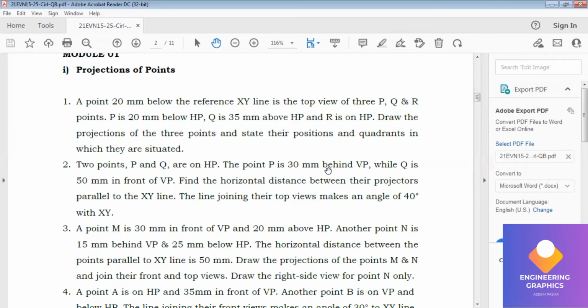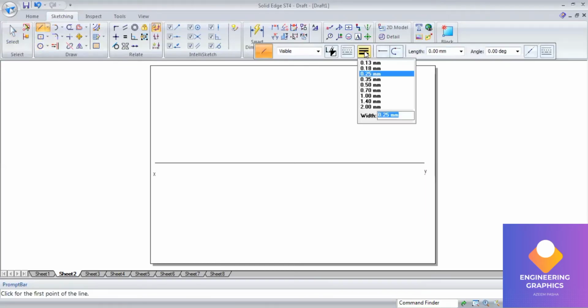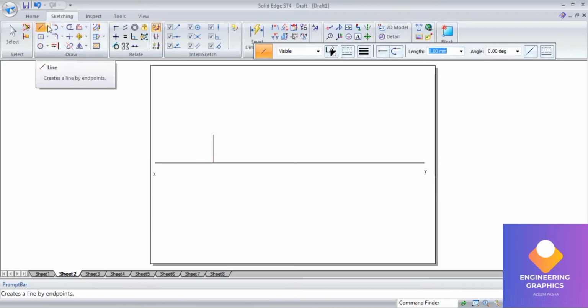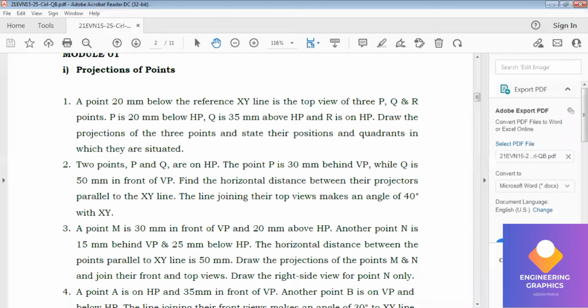Behind VP means two chances, second and third quadrant. In the second and third quadrant, the top view is lying above the XY line. So mention the dimension and put a point. Take a thickness of 2 mm and show the dimension. This is your top view P.